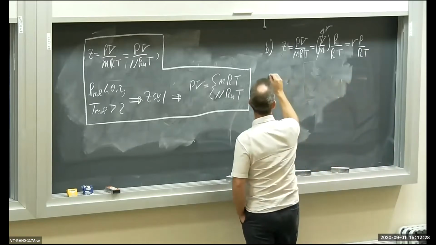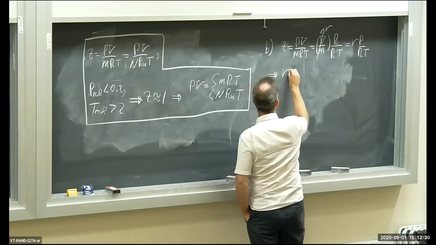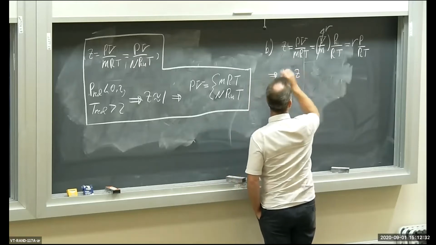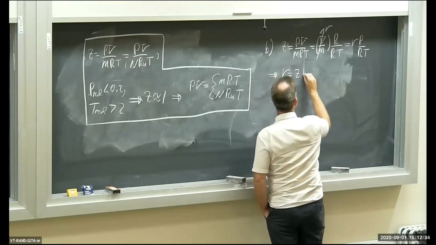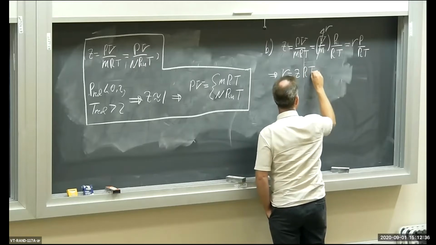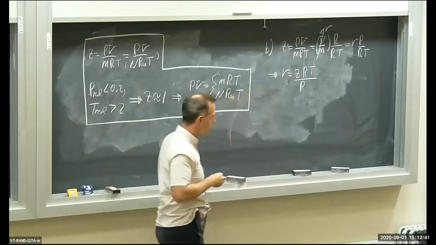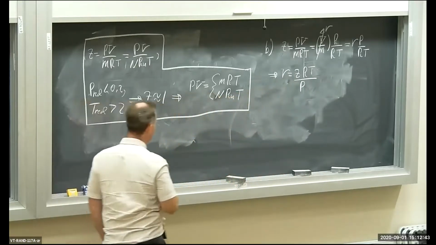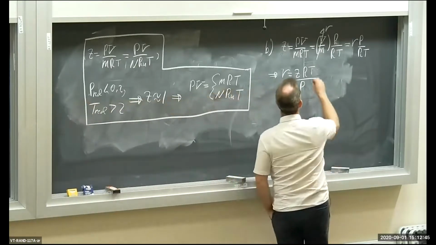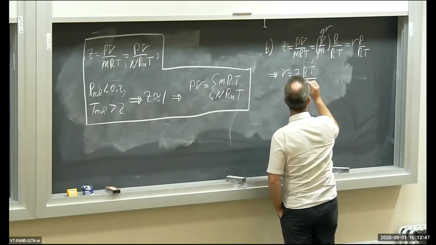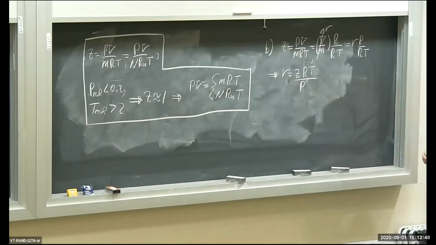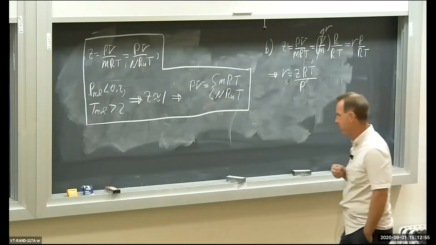Let's solve this for specific volume. Specific volume is equal to the compressibility factor times the gas constant R times temperature divided by the pressure. All right? Now I have temperature, I have pressure, I don't have the gas constant R, I'm going to have to calculate it, and I don't have the compressibility factor Z. I have to look that up or calculate it as well.